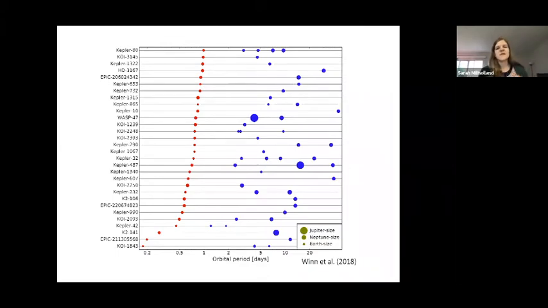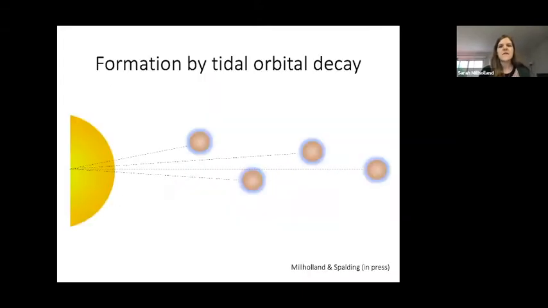This is a suggestion that these planets could have started at the inner edges of such a system with a more typical separation with respect to their neighbor, before then moving inwards. So these observational properties, specifically regarding that larger separation with respect to their nearest neighbors, point towards a formation channel via orbital decay driven by tidal dissipation.